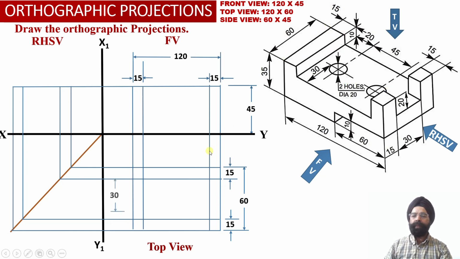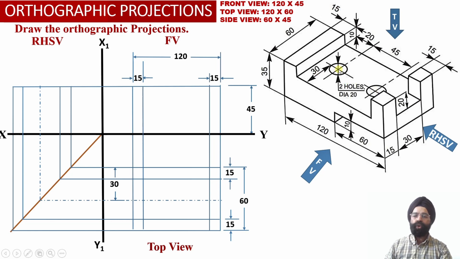So we are going to measure a distance of 30 millimeter from the rear face. So this center line will be located in the top view projection, and this center line has once again been transferred into the right hand side view projections using this transfer line over here. So the center line corresponding to the two holes into the top view has been located over here.